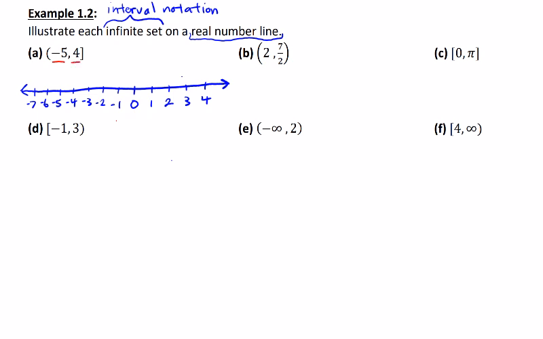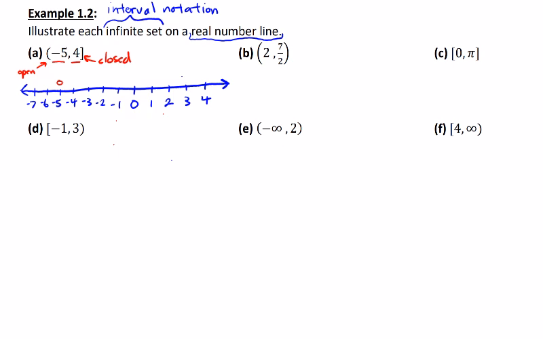These are known as a bounded set. So on the left, my boundary is -5. Now, I put an open circle here because this parenthesis means that I'm not supposed to include -5 as part of this set. So this is known as an open symbol. Whereas on the right boundary, the right side of this set is going to have a square bracket. Now the square bracket is known as the closed symbol.